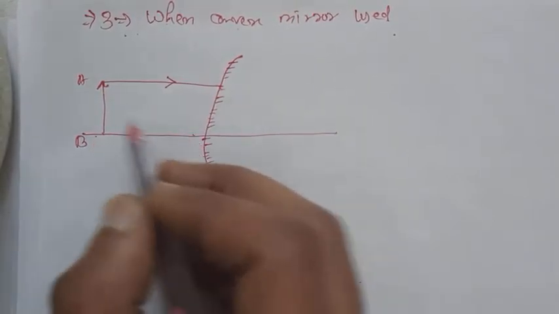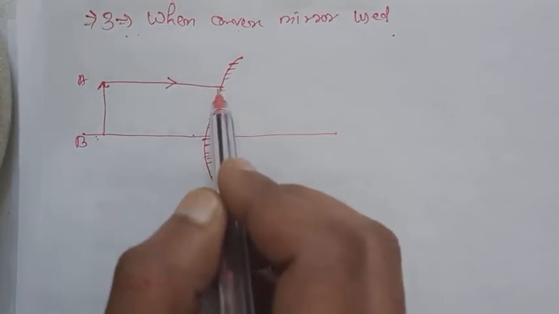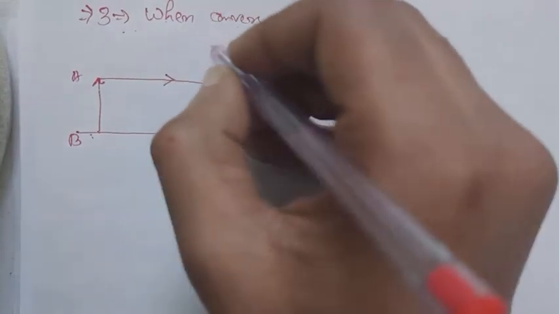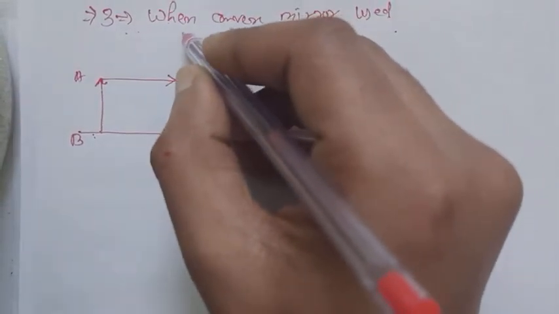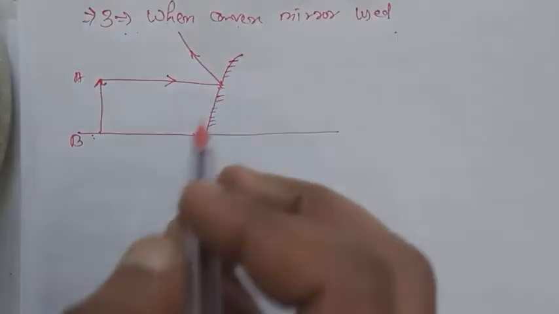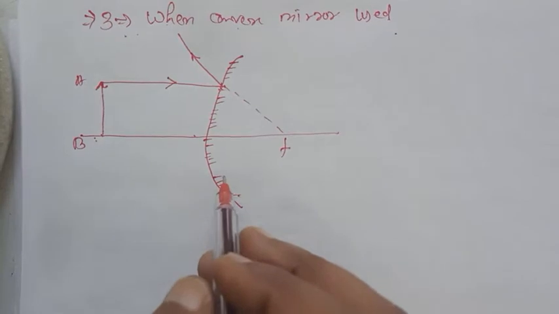The object AB is placed in front of the mirror. The first ray is parallel to the principal axis. After reflection, the ray appears to diverge from the focus, so it is extended to the focus.